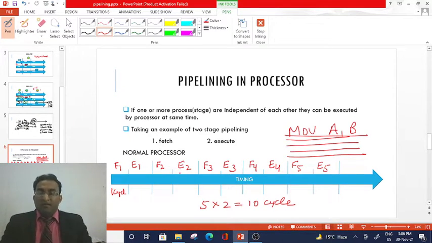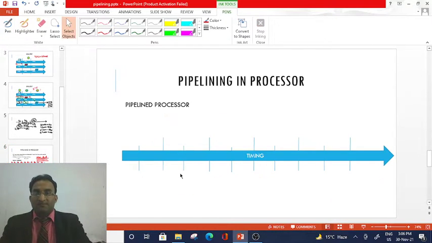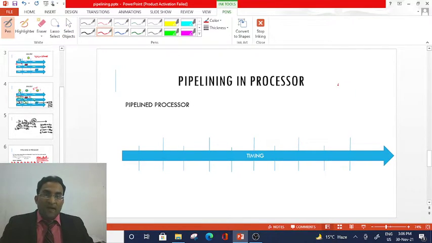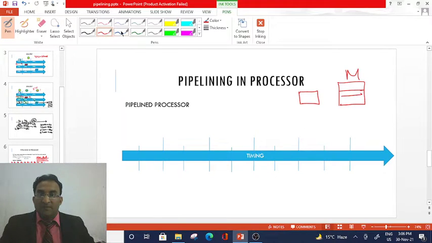But if we see this concept in the pipeline processor, what is happening? Fetching of the instruction is done from the memory by the processor, so fetching is from the memory and execution is inside the processor.